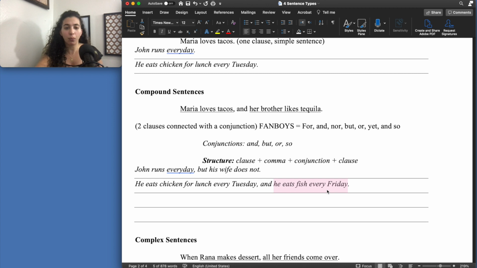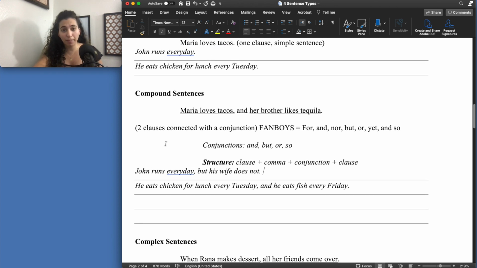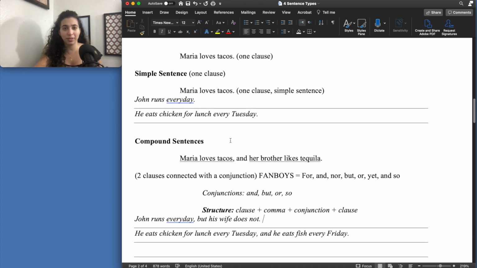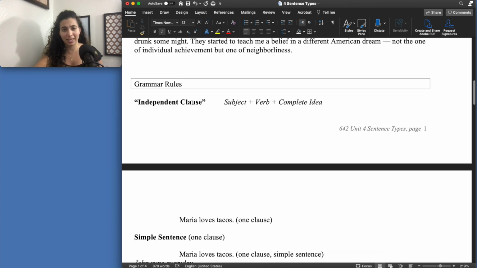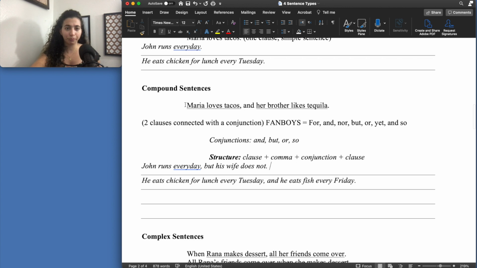We can make sure that people can understand it because it has a subject and a verb, and anything else needed to make sense of that sentence. Okay? So what is a compound sentence? It is two simple sentences put together, or you can say two independent clauses put together.